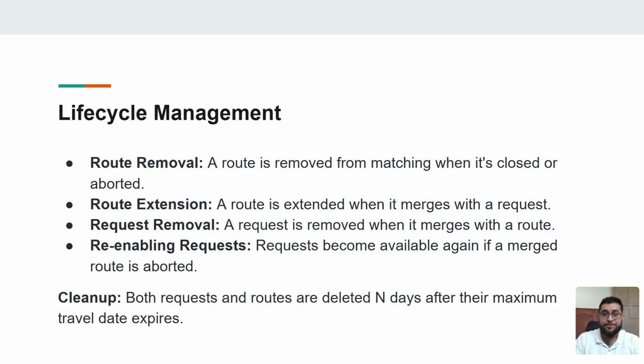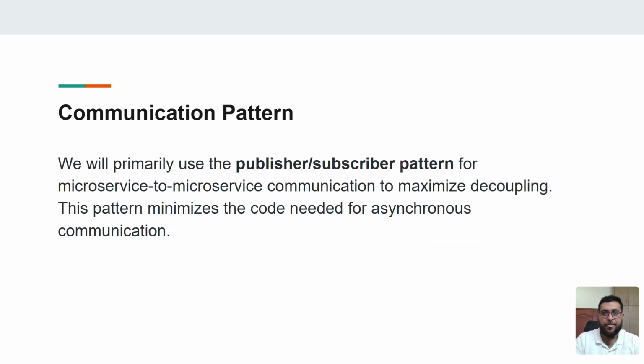If any route is removed, then the request will be enabled again. And for cleanup purposes, both requests and routes are deleted after the maximum traveling time, so we will also delete the requests and routes from our system.